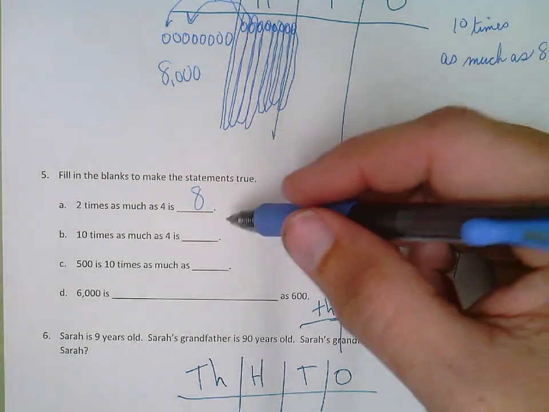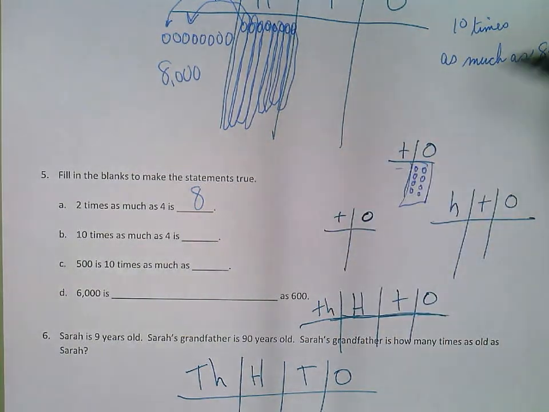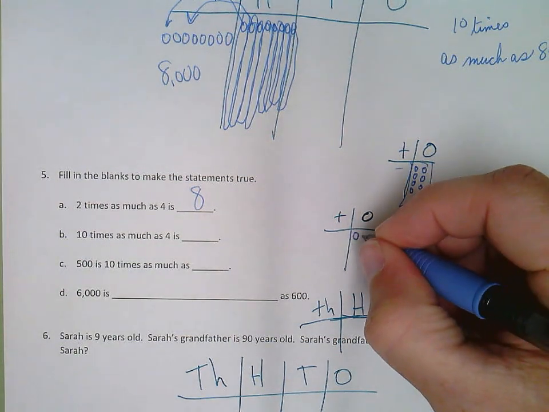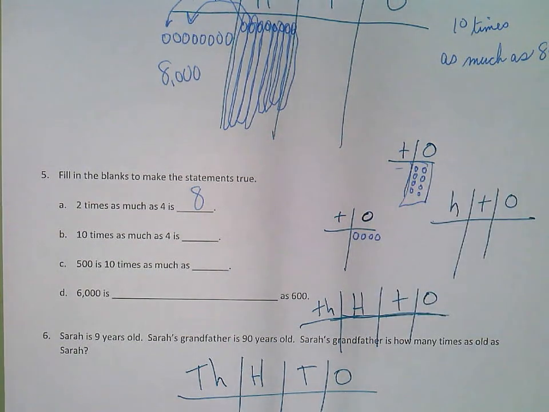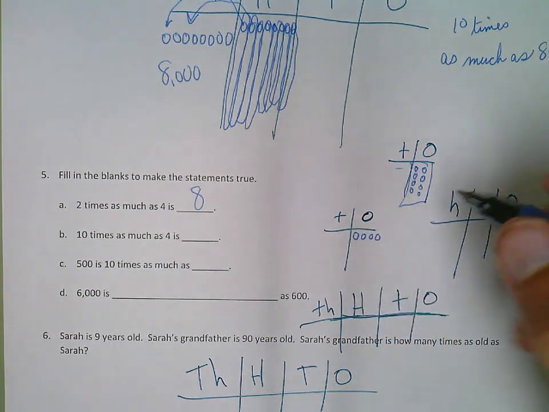10 times as much as 4 is, so we'll use this one here, 10 times as much as 4. So 1, 2, 3, 4. And if I do 10 times that, it's going to give me 40.